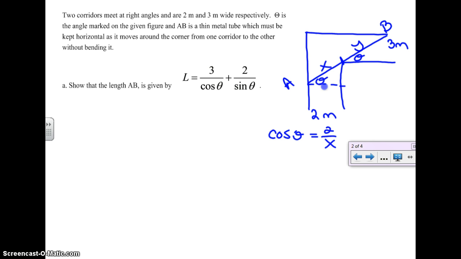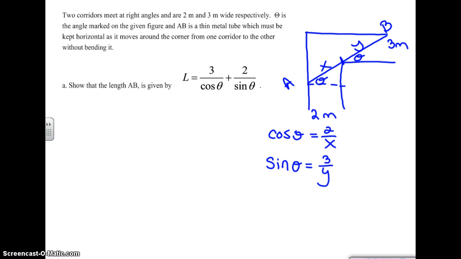If I look at my other hallway, for theta here, I'm going to say sine is opposite, which is 3, divided by hypotenuse, which is y. Okay? So let's say I want to actually solve for x and y. If I multiply both sides by x and then divide by cosine and do the same for y and divide by sine, we will have isolated our x and our y.